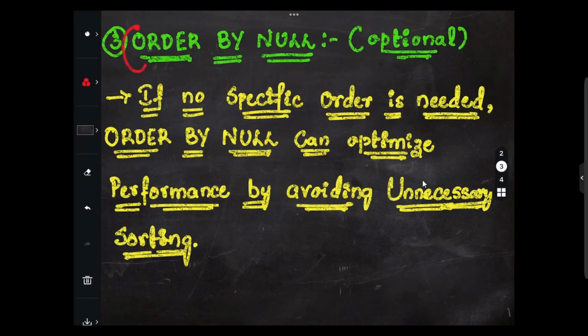The third step here is we will be going with the order by clause, right? We'll be going with order by null basically. This is optional, you can ignore this one as well. If no specific order is needed, then order by null can optimize the performance by avoiding the unnecessary sorting.